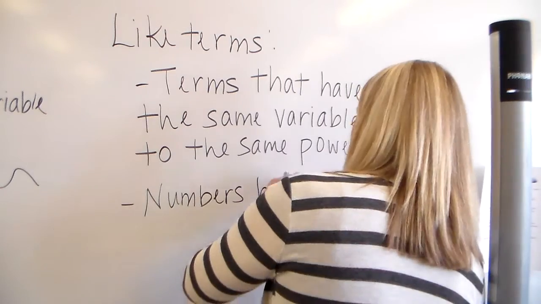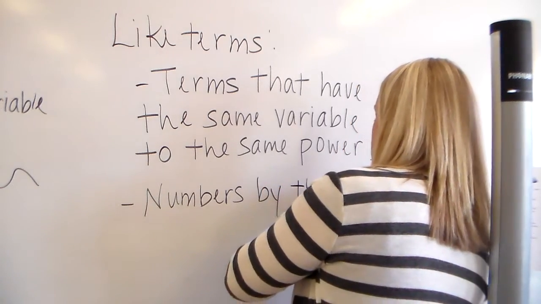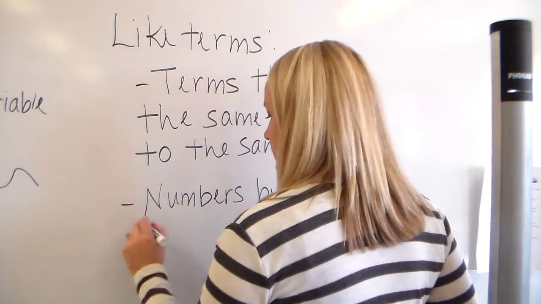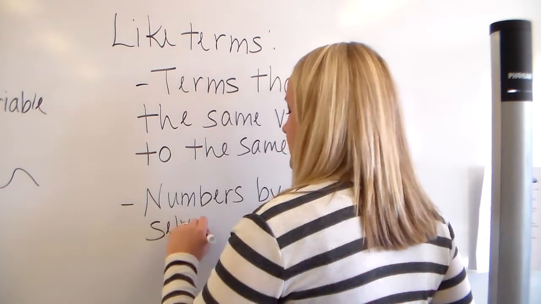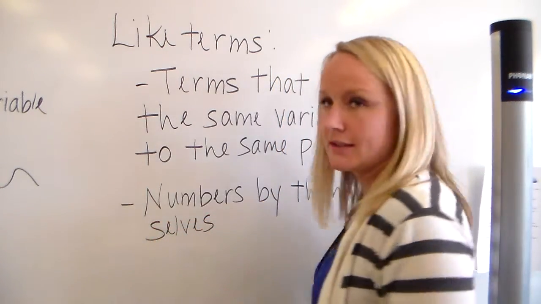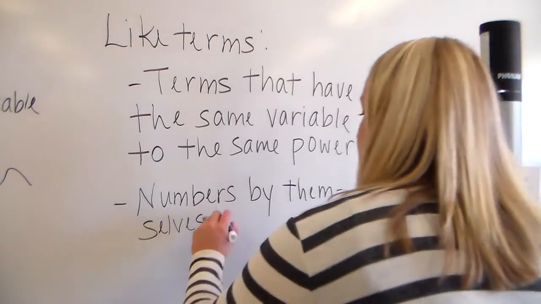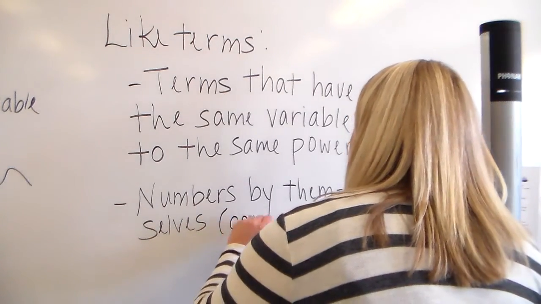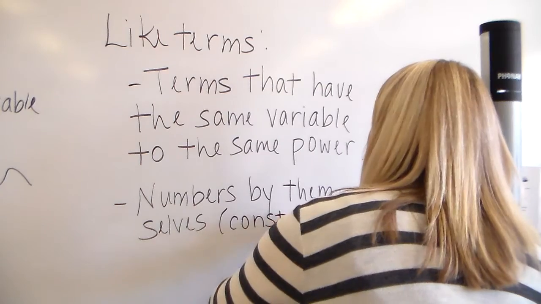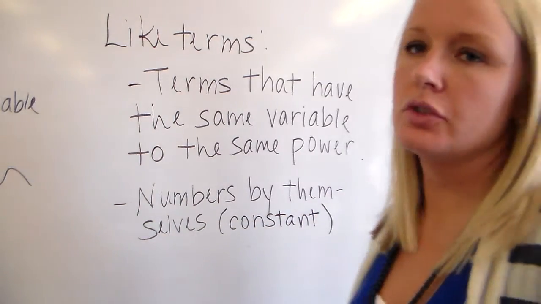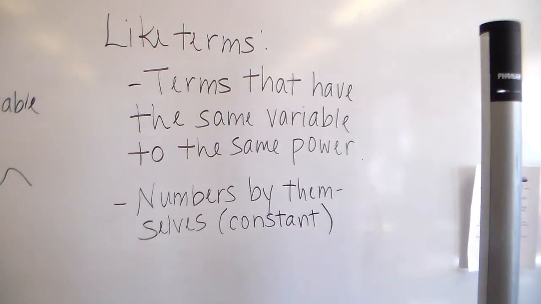So we just saw with our terms how we could have a number by itself. And the fancy name for those numbers by themselves is a constant. So anytime you're using regular old counting numbers, that's just a constant in an equation.